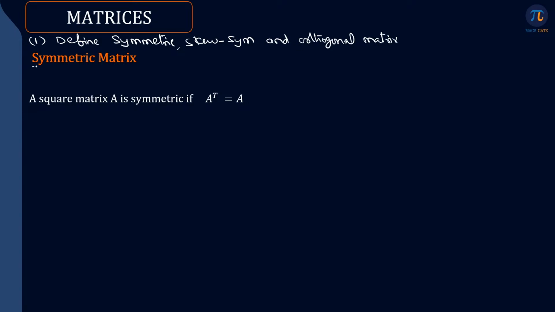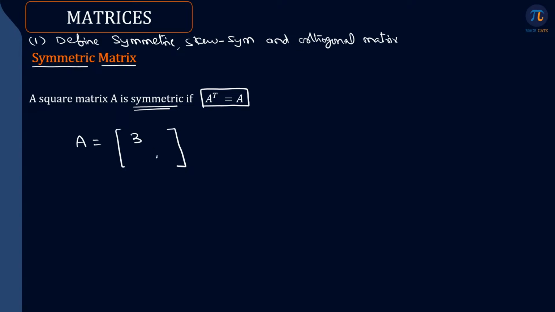So the definition for symmetric matrix is, a square matrix is symmetric if A transpose is A. That is, if you transpose the matrix, you should get back the same matrix. If the transpose of the matrix is the same, then we call it a symmetric matrix.